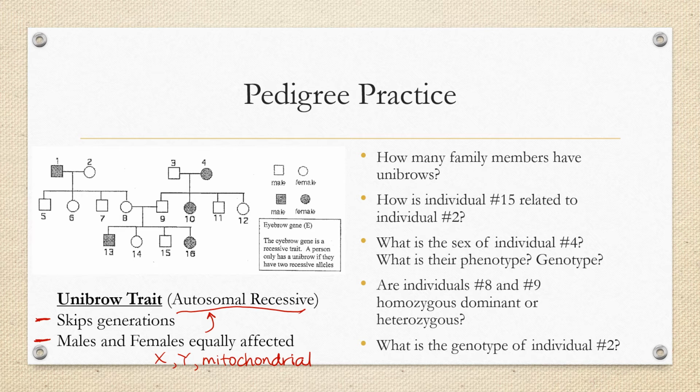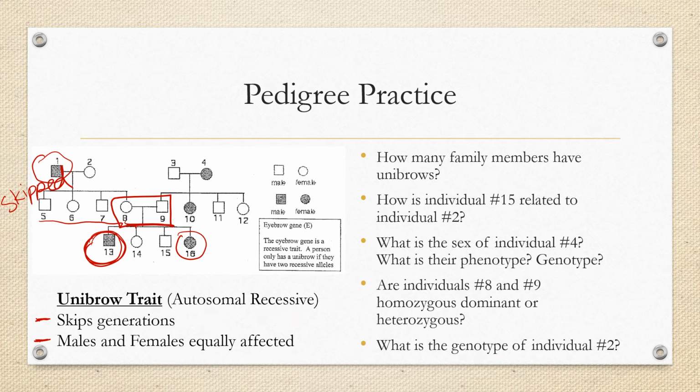So in this case, I see this person has the trait, but none of their children do, but then 2 of their grandchildren do. So this is a case of a skipped generation. So it has to be recessive. If I skip generations, if I have a child who has it, but no parent who has it, it has to be a recessive disorder. If it was dominant, one of the parents would have to have it as well.